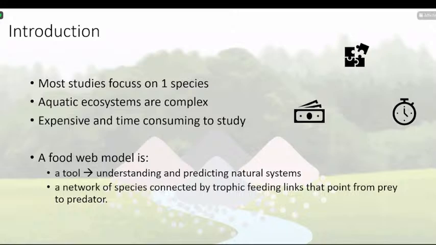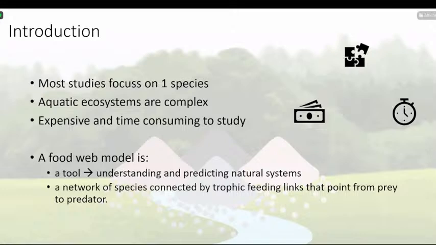You have a lot of factors that play into it, both chemical, but also biological, temperature, light, whatever you want to say. And this makes studying aquatic ecosystems very time-consuming, also very expensive, and sometimes impractical to do. As Susanna mentioned, with this River Rhine, you have tides, and when it's high water, you can't basically do anything.